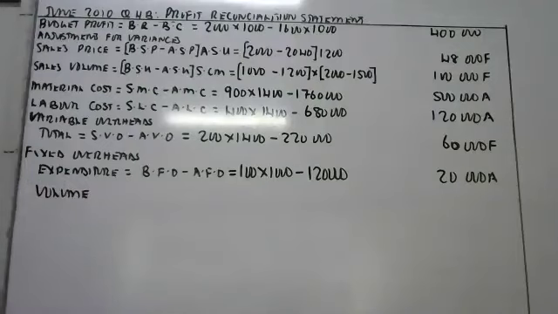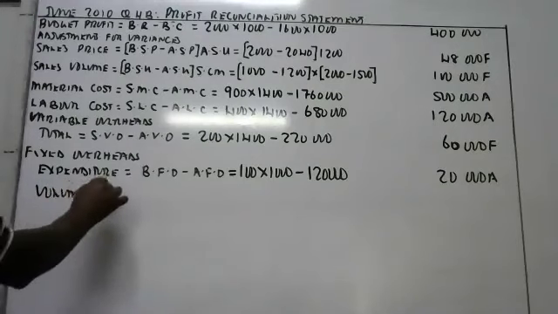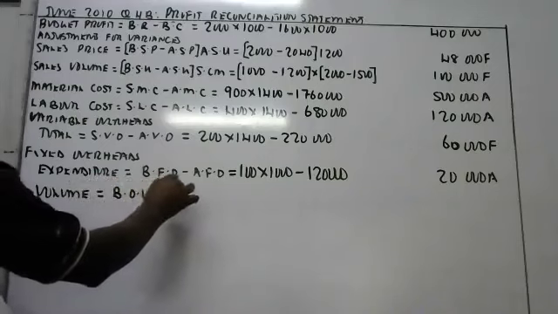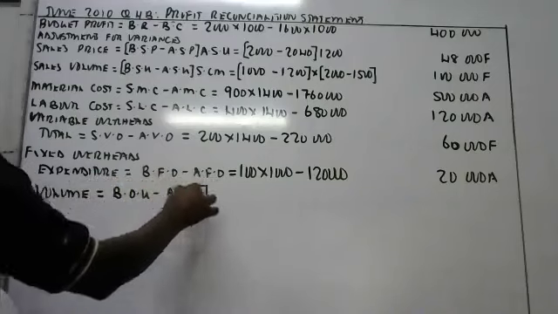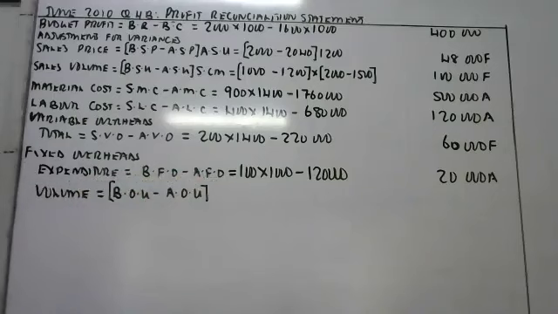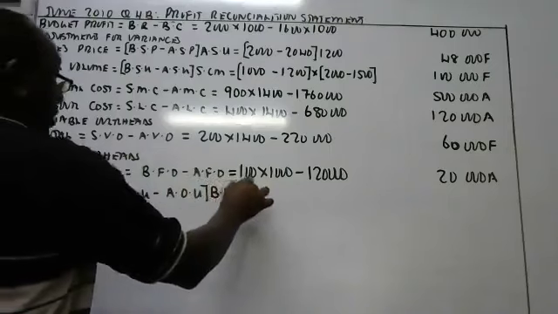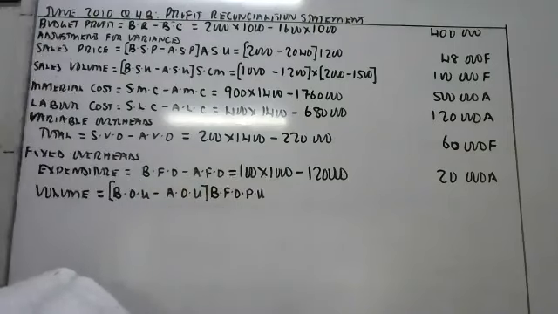Volume under the fixed overheads is given as budget output units minus actual output units, multiplied by budget fixed overheads per unit.